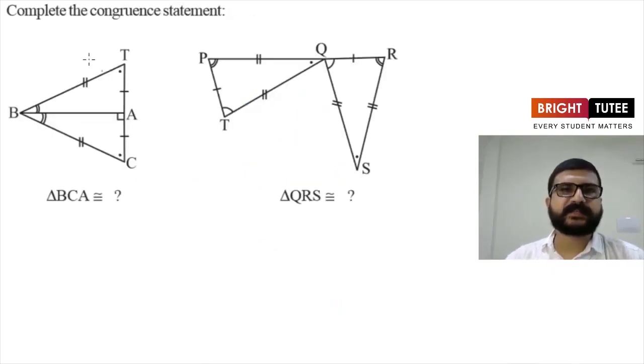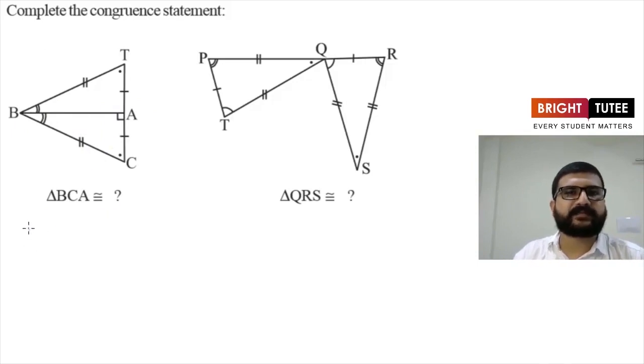Now the next question is, complete the congruence statement. Let's consider the first figure. Here two triangles are given, triangle TBA and CBA. We have to tell triangle BCA is congruent to which triangle. Here is the triangle BCA, and we have to tell which triangle it is congruent to.